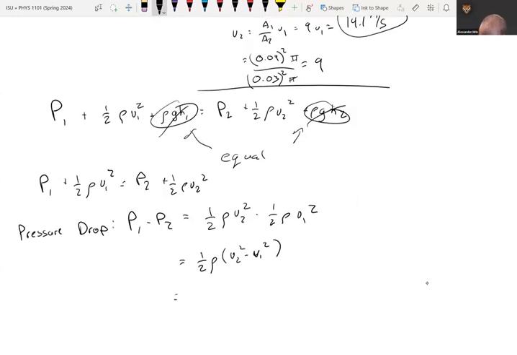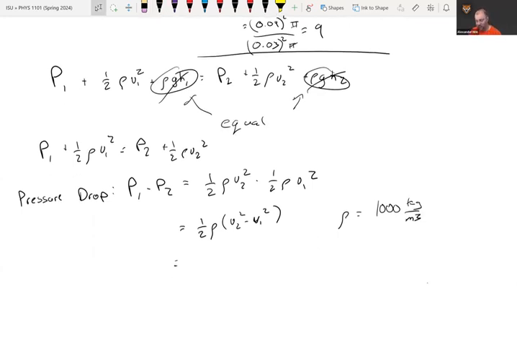And then calculating that out, as a reminder, rho is 1,000 kilograms per meter cubed. We want this all to be in pascals. So we have 1/2 times 1,000 times 14.1 squared minus 1.57 squared.